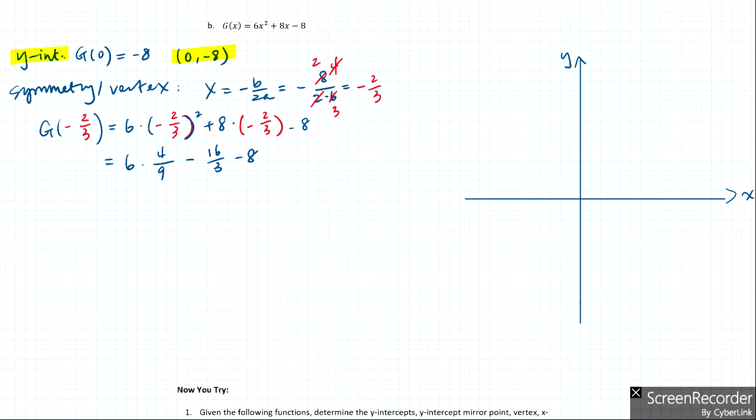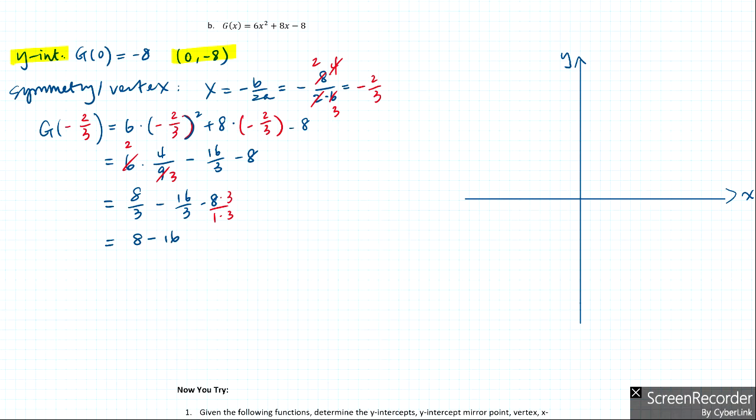So with some cancellation, a factor of 3, so we get 2 over here, 3 over here. So this works out nicely. We get 8/3 minus 16/3 minus 8. So altogether, we can rewrite 8 to have a denominator of 3 as well. Initially, it's 8 over 1, so multiply 3 on both sides. That gives me 24 over 3.